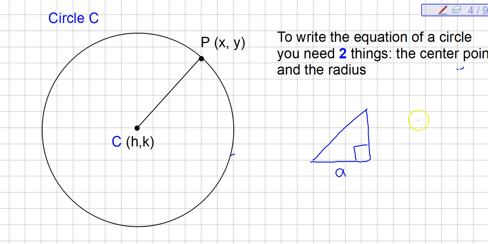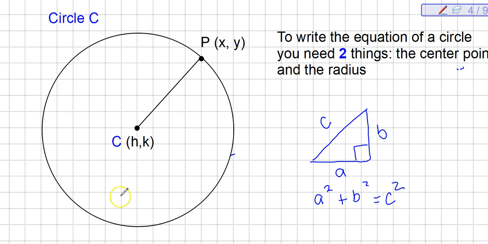What would I label this side? And what would I label the hypotenuse? Okay, so that's geometry, right? And what formula do we know that goes really well with that? Pythagorean Theorem. A squared plus B squared equals C squared. Well, analytic geometry is just geometry that's happening on a graph.